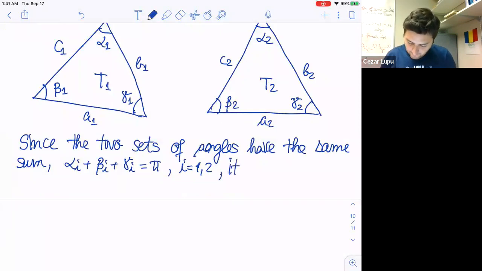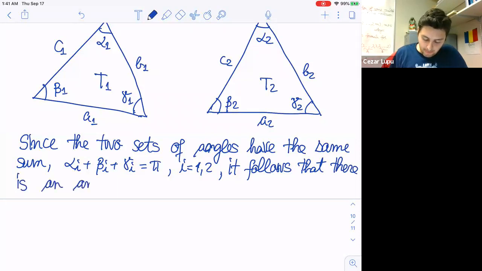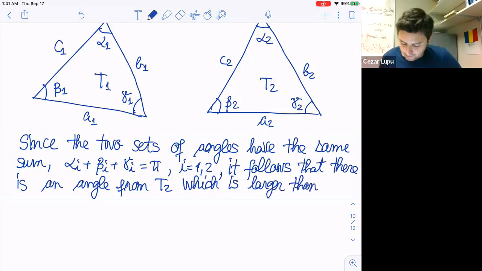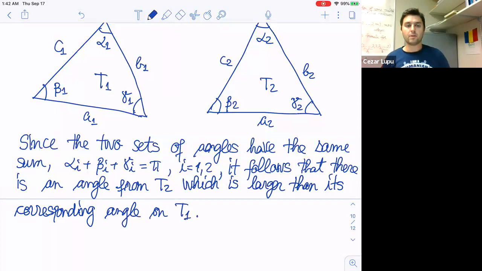It follows that there is an angle from T2, from the second triangle, which is larger than its corresponding angle on the first triangle, on T1. Okay, so we know this.